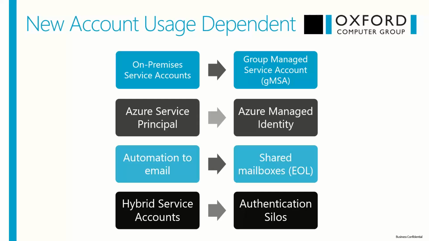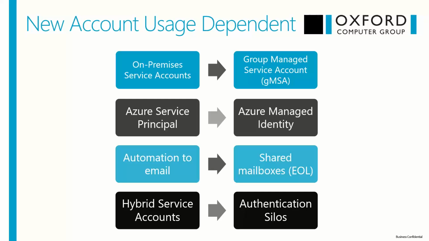I can't authenticate in Azure with an on-prem account, and I can't authenticate on-prem with an Azure account for these service type things. So what we do is we'll stick with the old service account, which we can use the password. The password can get synced up to Azure and still be used in Azure, and it'll be able to authenticate back.